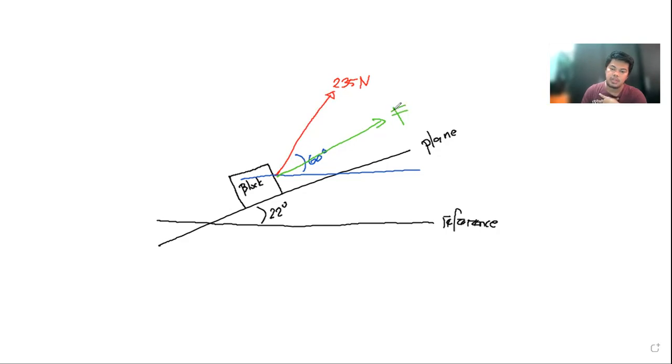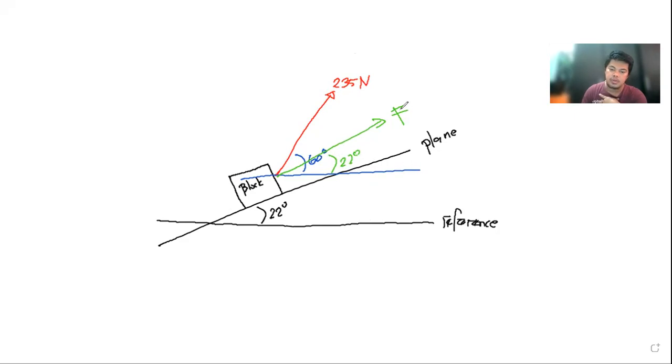The component of the force along the inclined plane with respect to the horizontal will have an angle of, not 60, but 22 degrees.